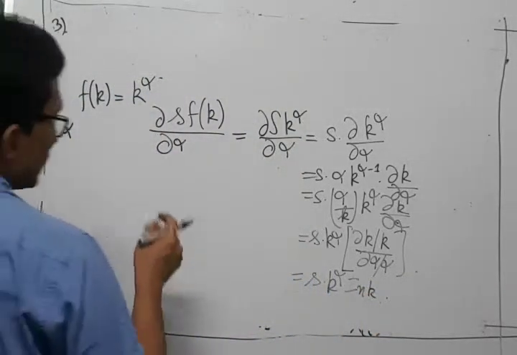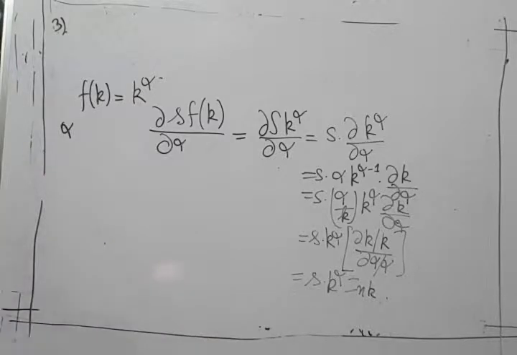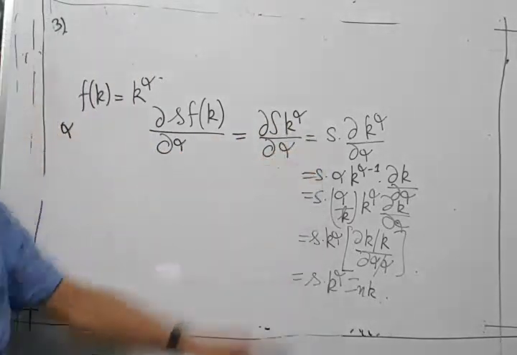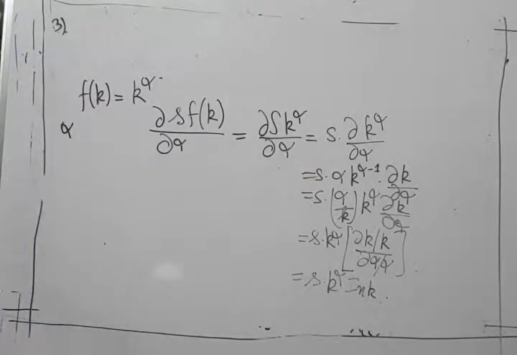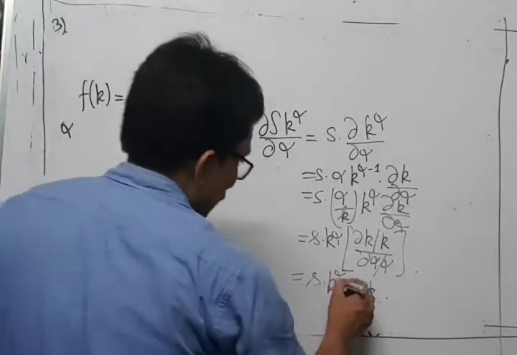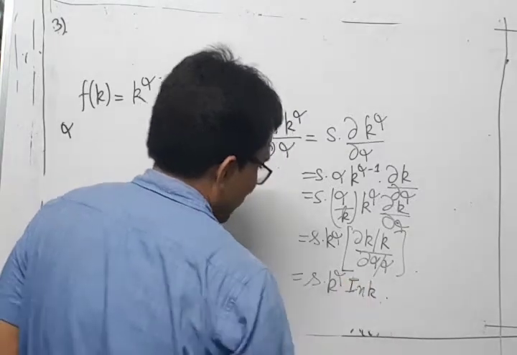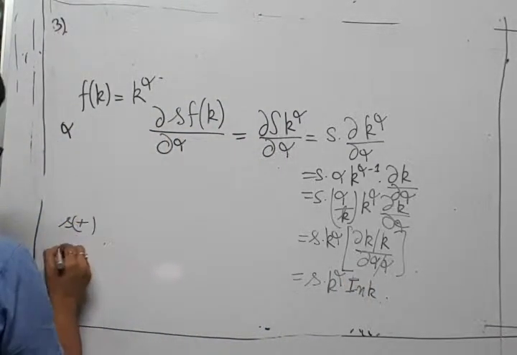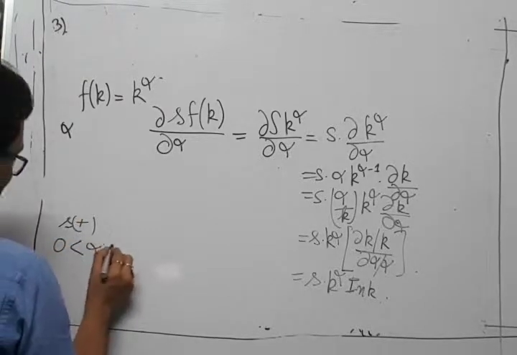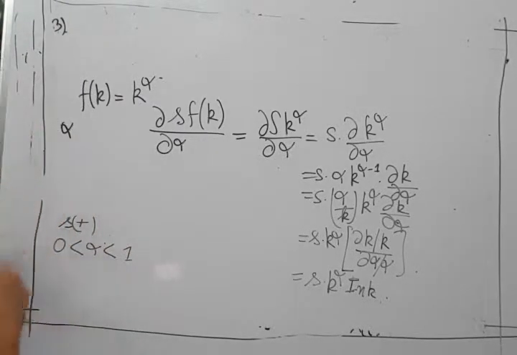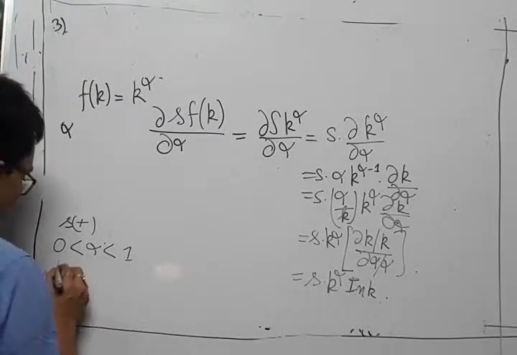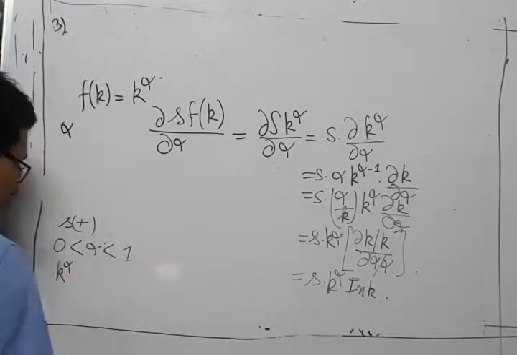Now we can see what the impact will be on the level of investment following the change in alpha, where alpha is rising. This can only be said by following the sign. We know that s is a positive number, and alpha always lies between 0 and 1, so alpha is also positive, and hence it will depend on k.